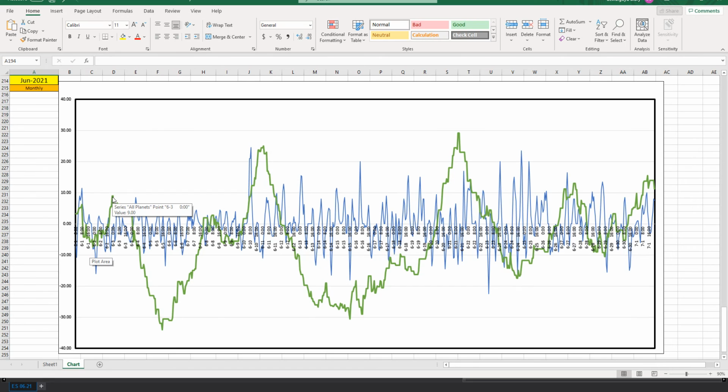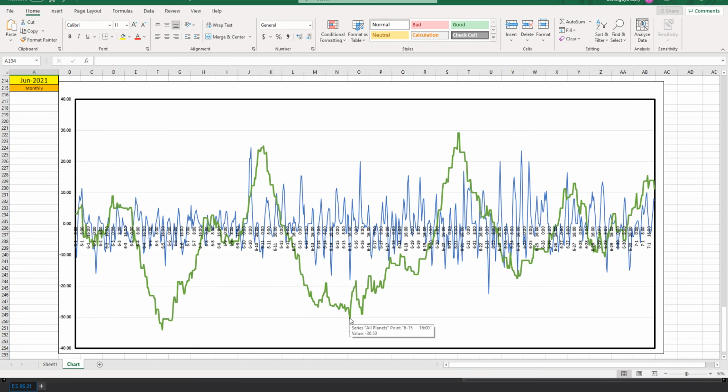Now these first points are inside the 10 line, so they're not going to necessarily be as strong as the ones that are extremes outside the 10 lines. So the more important points that we have would be the low coming in on 6/5 at 1500, the high coming in on 6/11 at 0100.